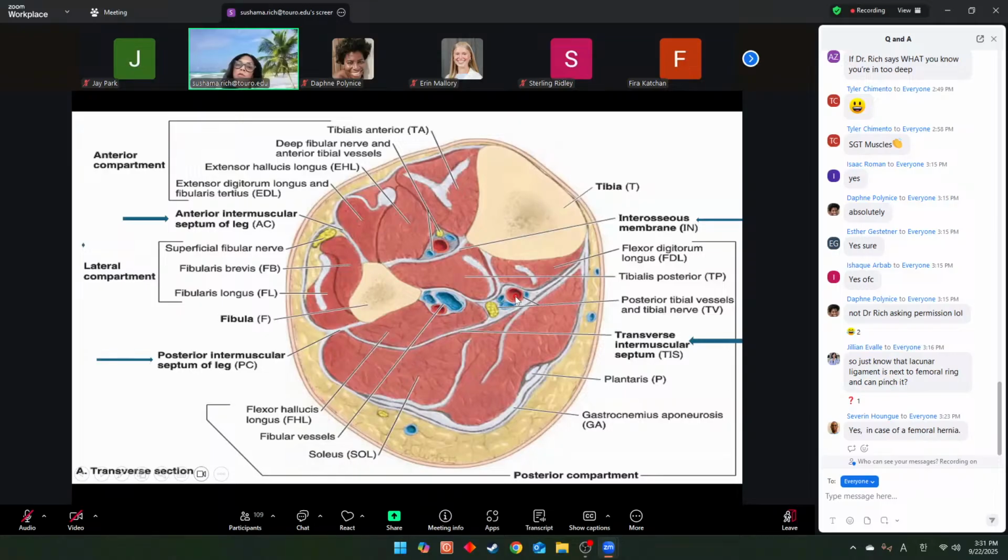This is the tibial artery, and here's the fibular artery. Because flexor hallucis longus is more lateral, it'll probably get its blood supply from the fibular artery. Tibialis posterior definitely is supplied by the tibial artery, and flexor digitorum longus probably gets both.